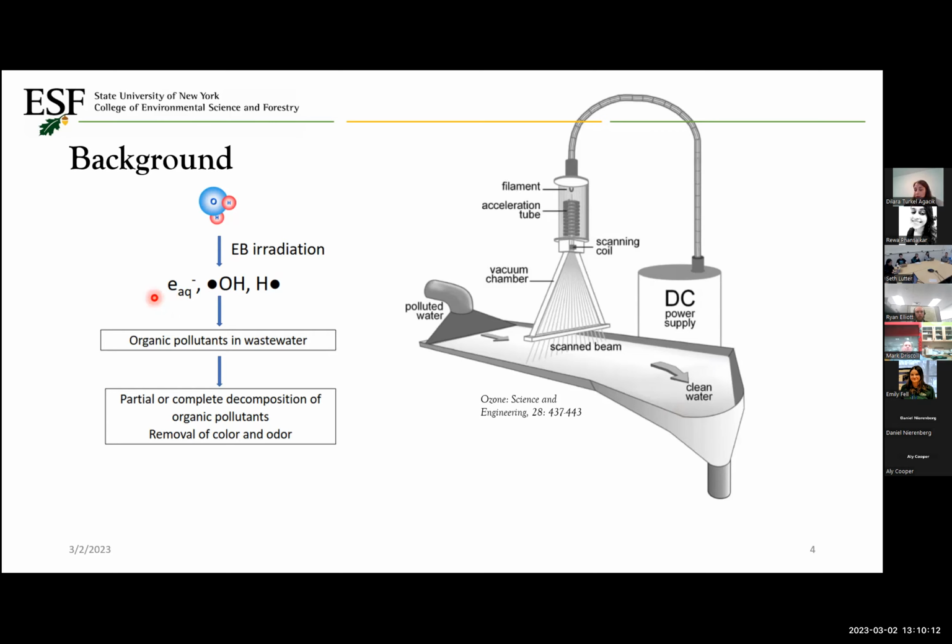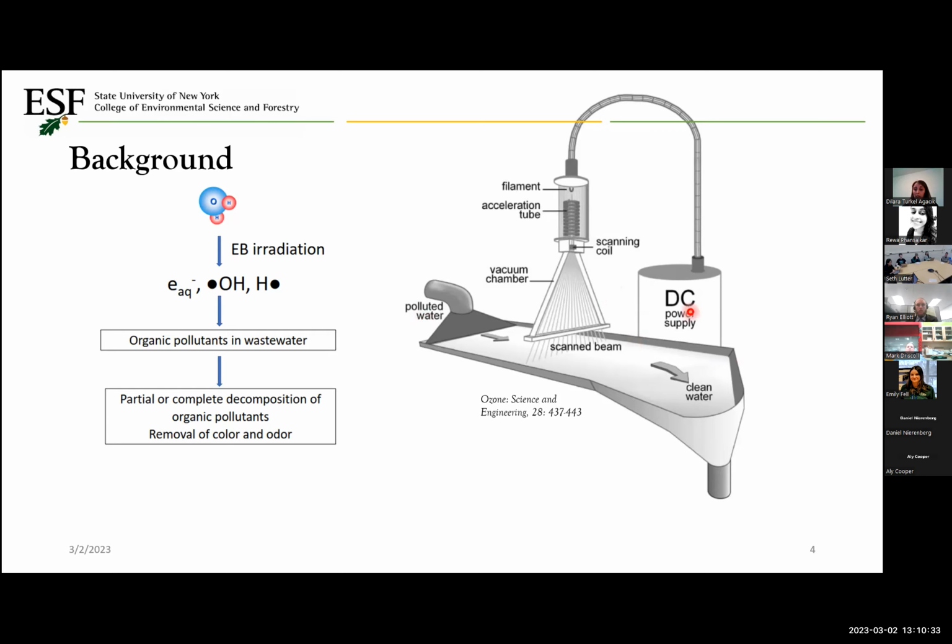These intermediates are capable of breaking down most organic molecules. They provide partial or complete decomposition of organic pollutants, as well as removal of color and odor.